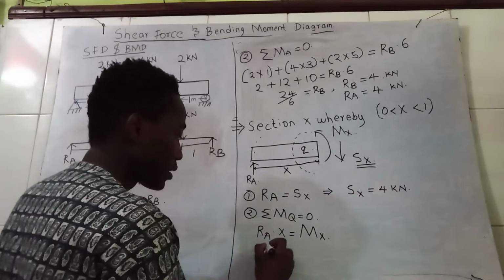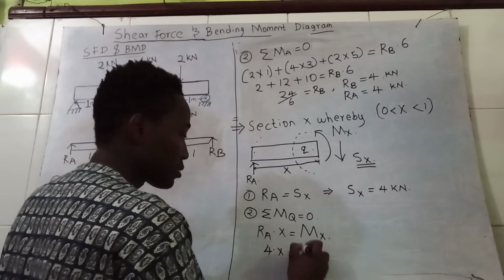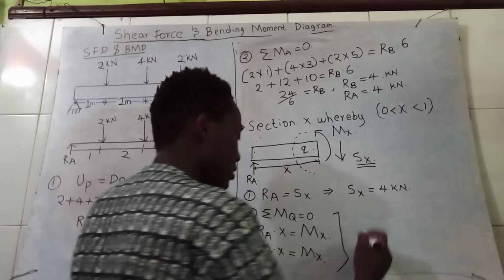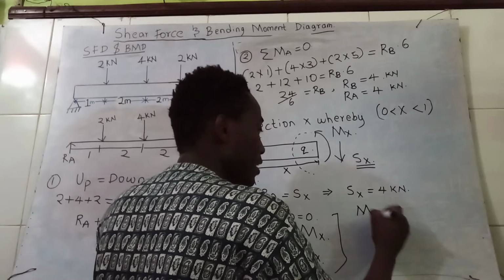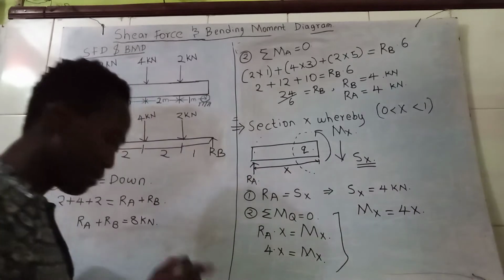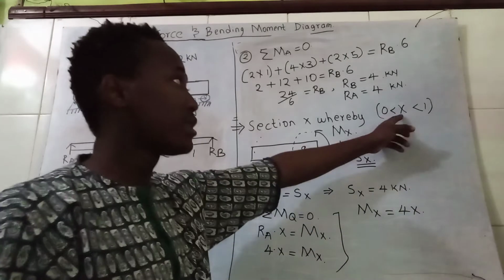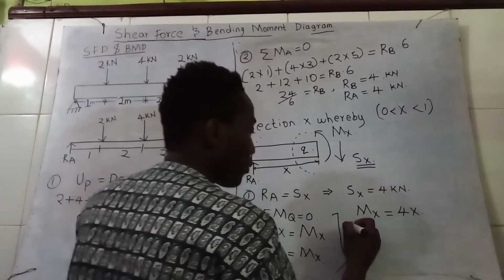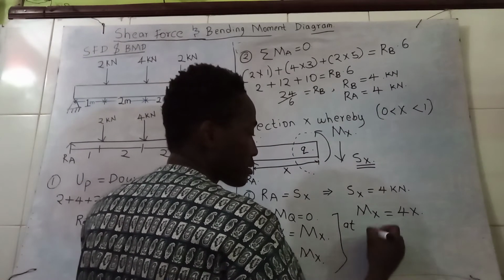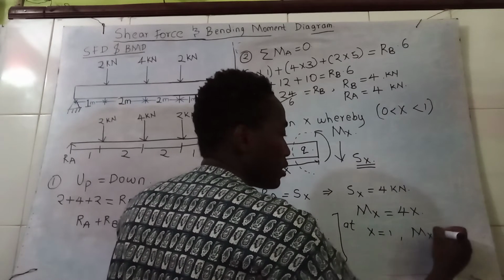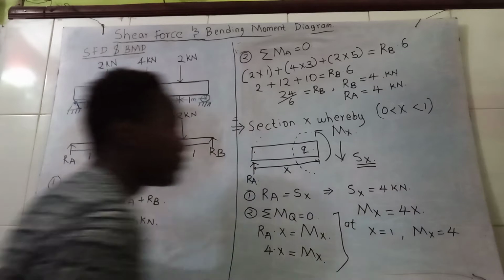RA is 4, so 4X equals MX. Now from that, the M of X is 4X. But remember, our limit X is between 1 and 0. So at a point whereby X is 1, MX is going to be 4.